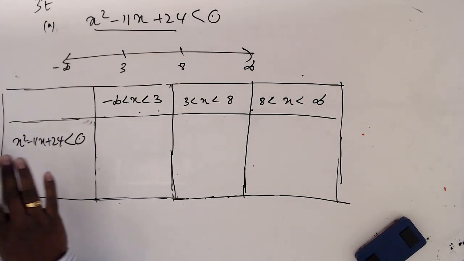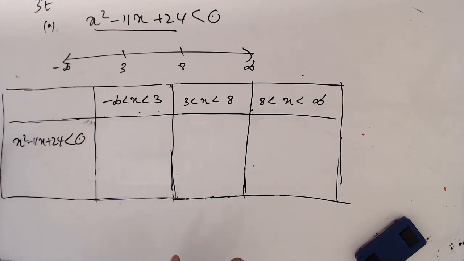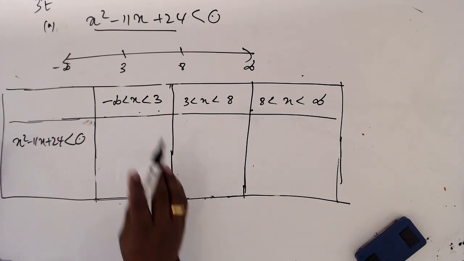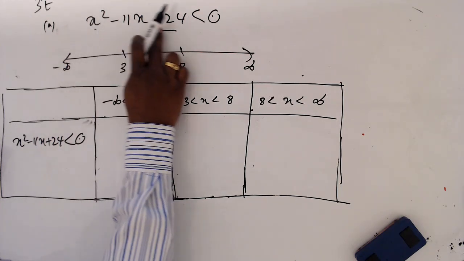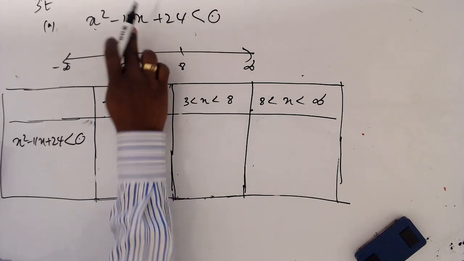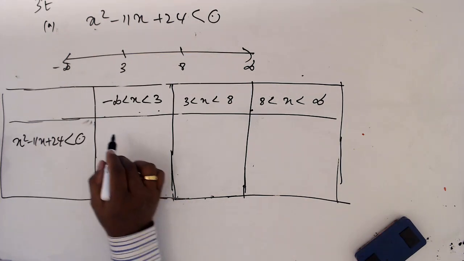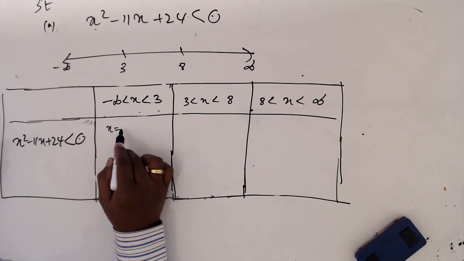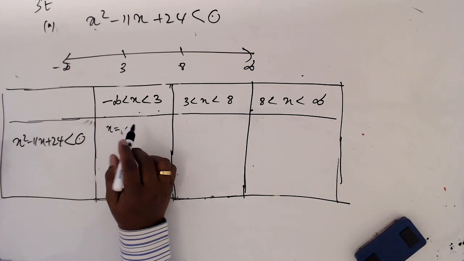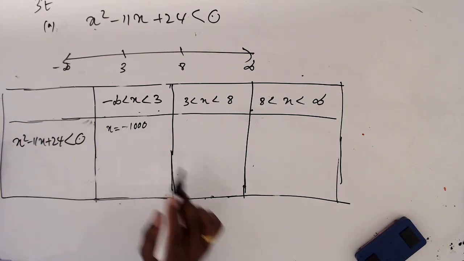We are going to find whether the value is negative or positive, because we need a negative answer, because less than 0 means negative. Okay, I will take x equal minus 10,000.